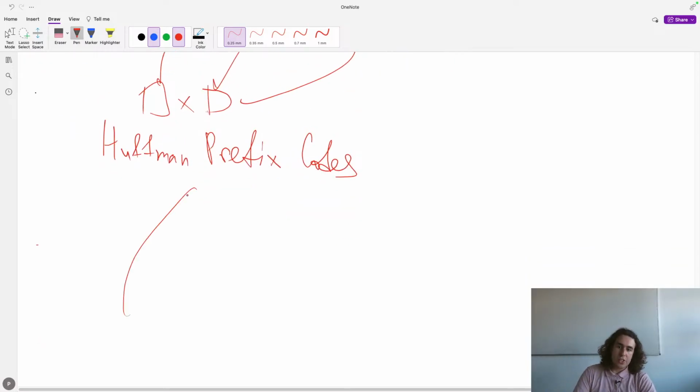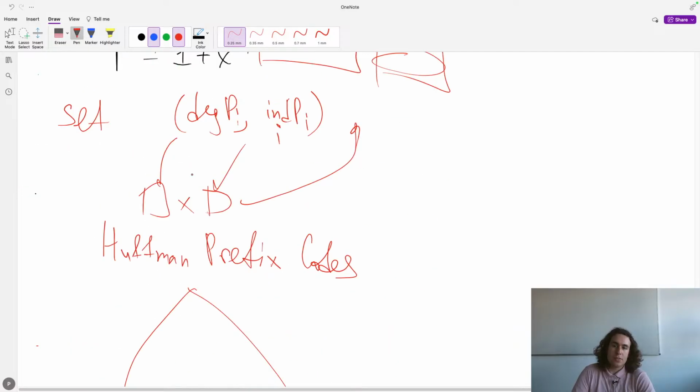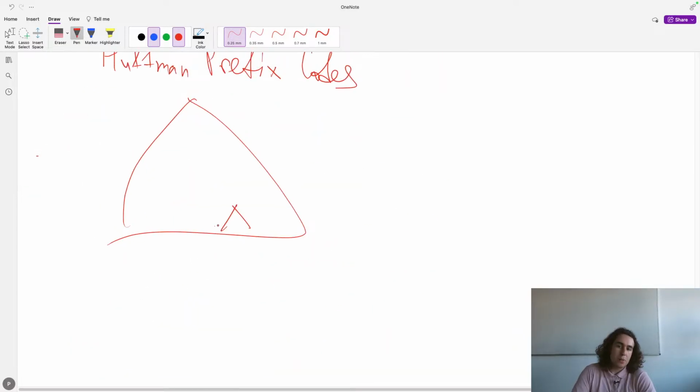And we get this tree structure. Here we also get a tree structure, the same way as with this recursive divide and conquer algorithm. We take two polynomials and we combine them, then we combine this with some other polynomial and so on.